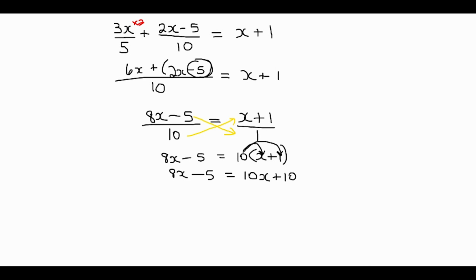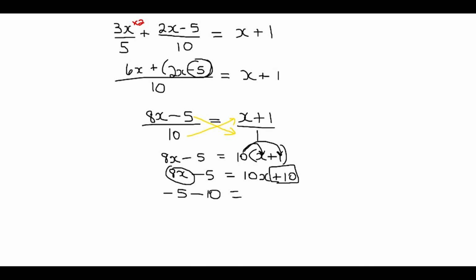So I'm going to move the 8x over onto the other side, and I'll have minus 5 minus 10, because I'm putting my positive 10 over on the other side because I want all my like terms together.